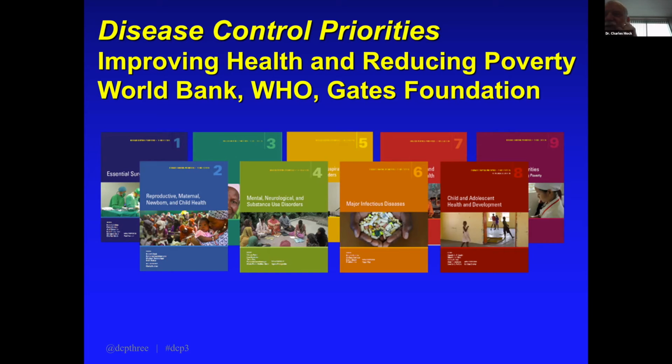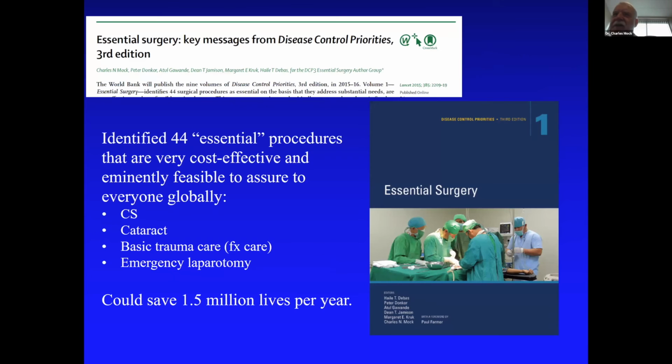It addressed thousands of elements in the healthcare armamentarium, and out of all the potential surgical procedures, it's defined 44 procedures or sets of procedures that are the most cost-effective and really could make the biggest difference and are imminently achievable anywhere.